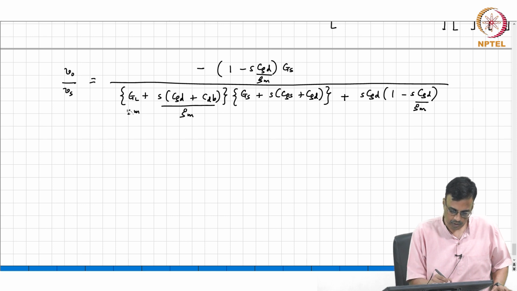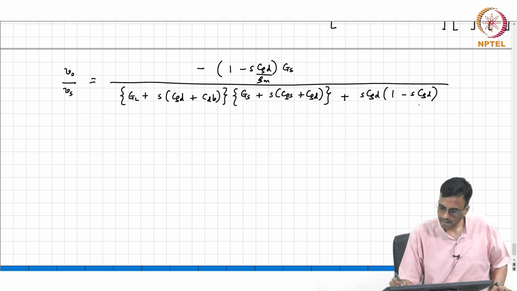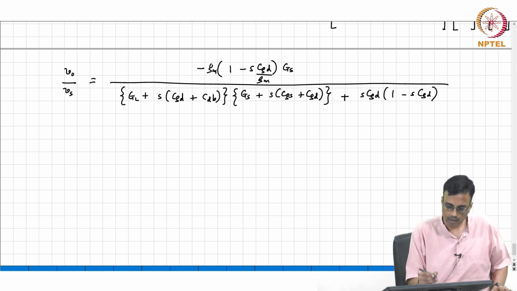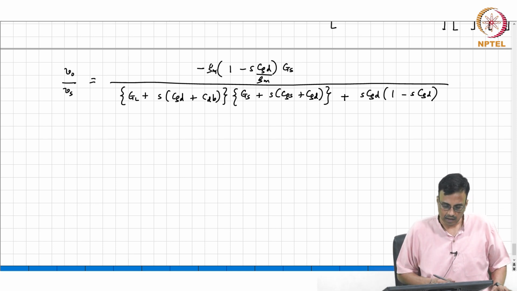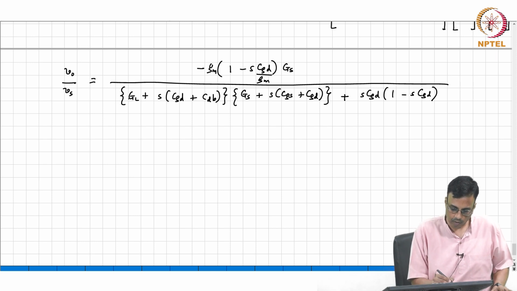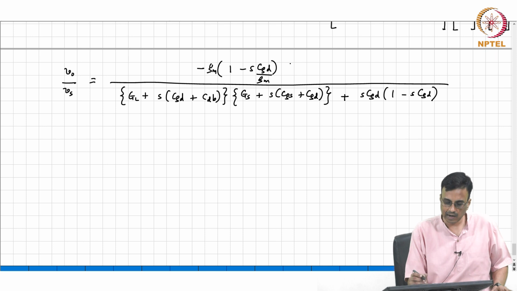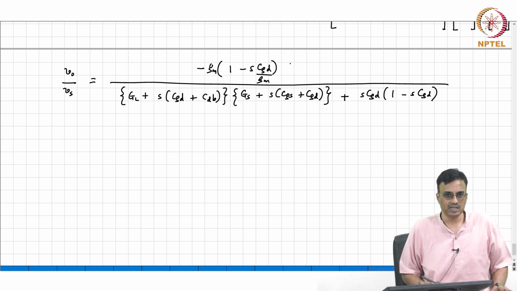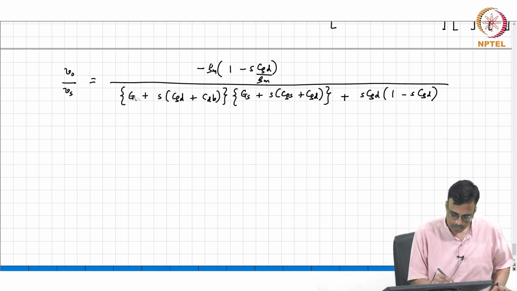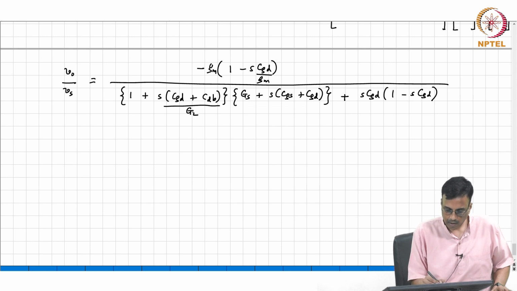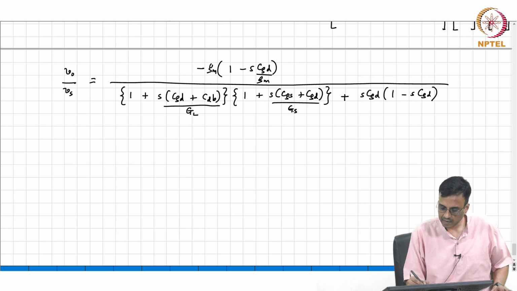Oh, sorry, actually, no, why should we do that? Sorry. I'll just move the GM outside here, and I will move GL out of the whole GS GL. I'll divide the denominator by GS GL. So this becomes 1 over GL. This becomes 1 over GS.